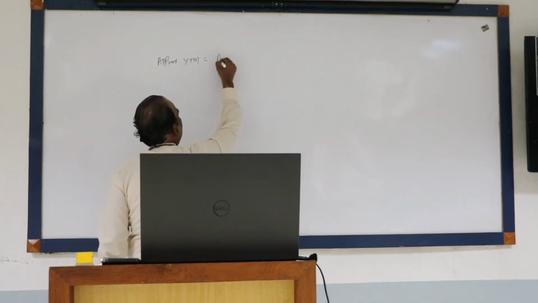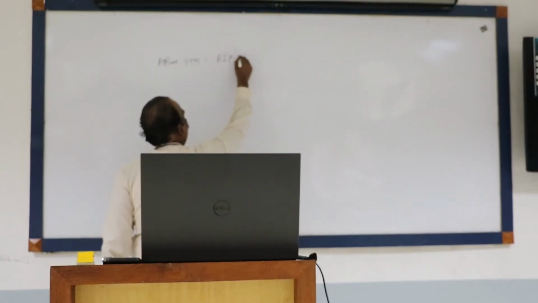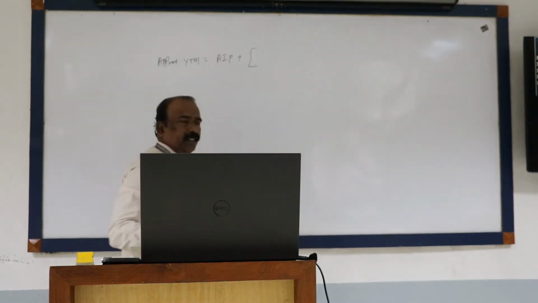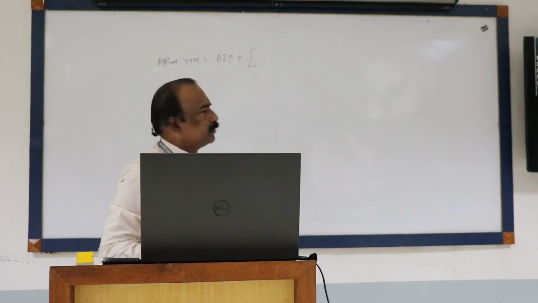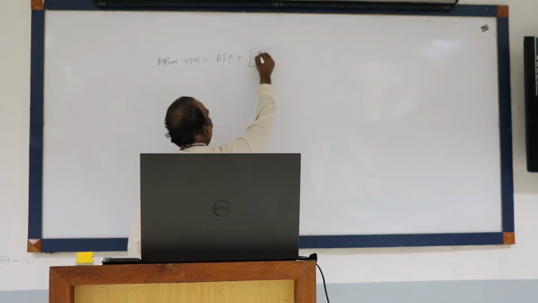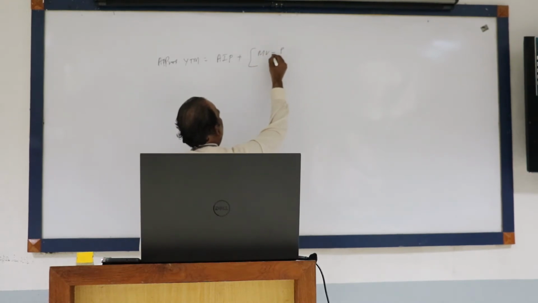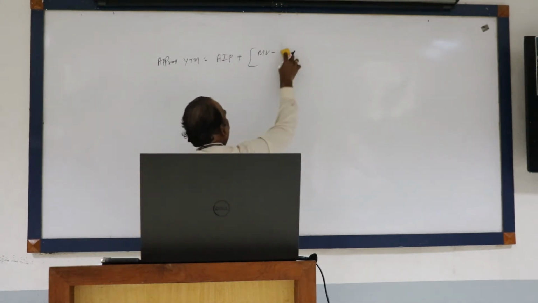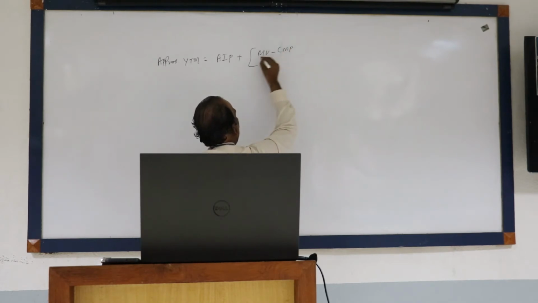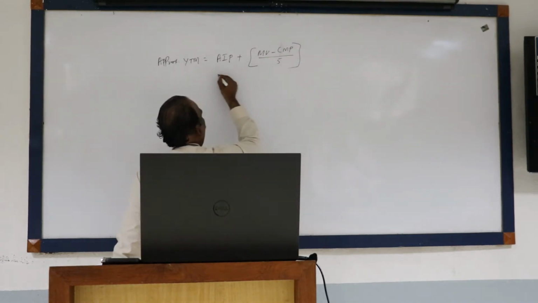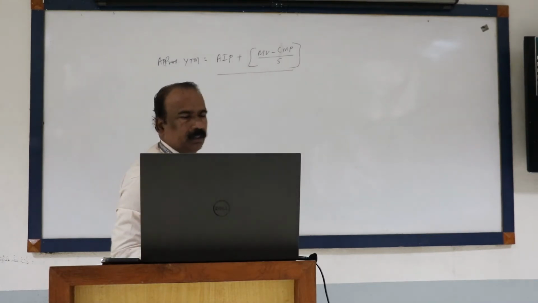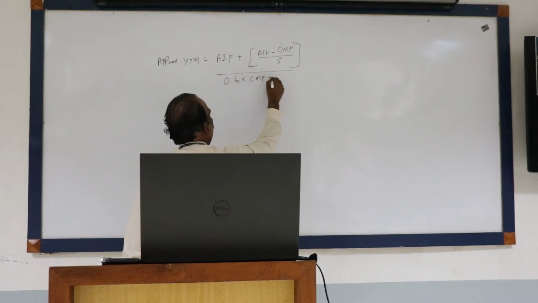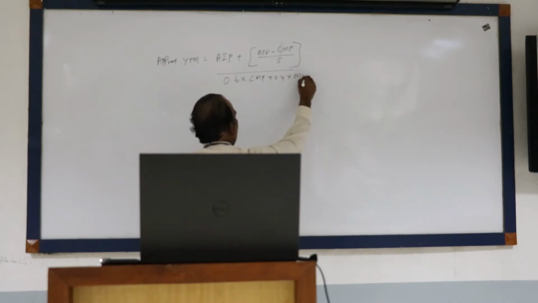There is the annual interest payment, AIP, plus maturity value minus current market price, CMP, divided by 5, and the whole divided by 0.6 into current market price plus 0.4 into maturity value.